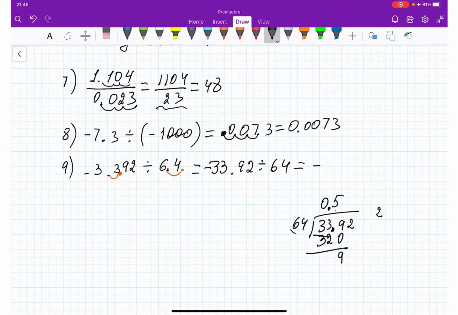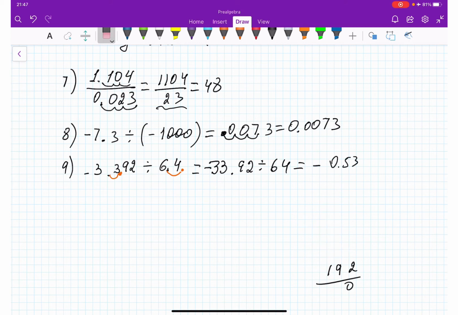Minus, 3 minus 2 is 1, and bringing down 2. 192 divided by 64. So 19, if we divide by 6, how many times? 3 times, okay. 3 times 4 is 12, 1 in mind. 3 times 6 is 18, and 1, 19. 0. So we get 0.53. Okay, dokie. Question number 10.